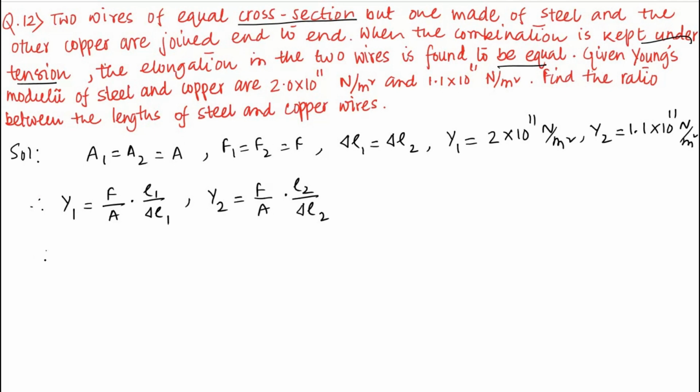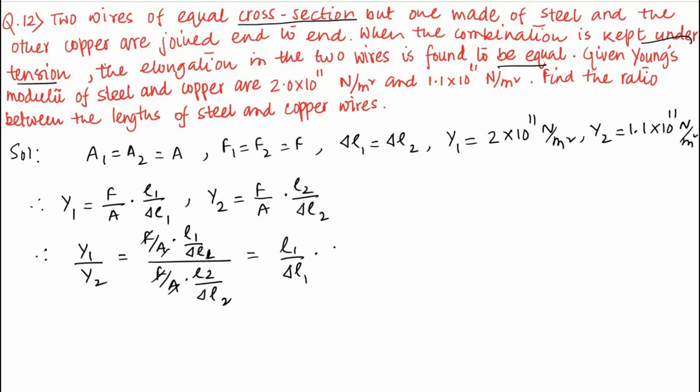And if we take the ratio of Y1 and Y2, we'll have F by A into L1 by delta L1 divided by F by A into L2 by delta L2. So the terms F and A will cancel out. We'll have L1 by delta L1 into delta L2 by L2.